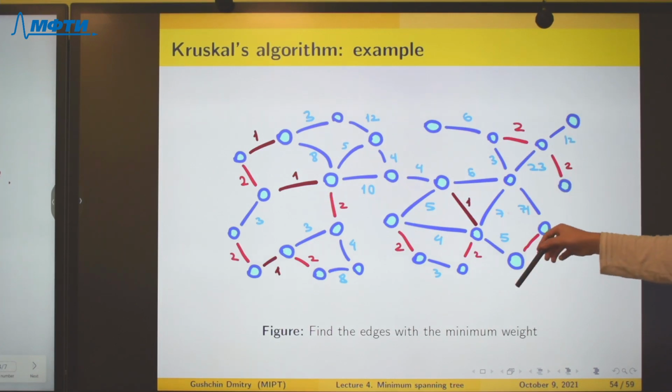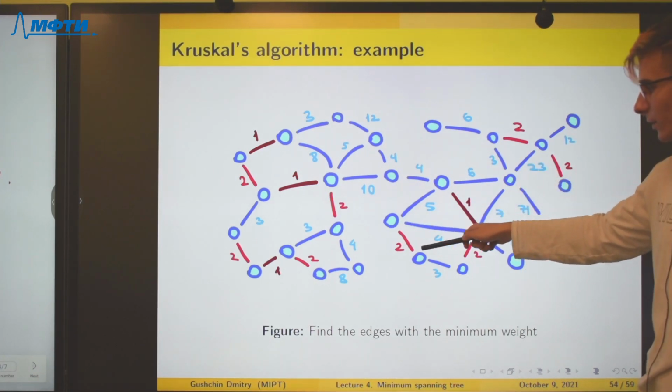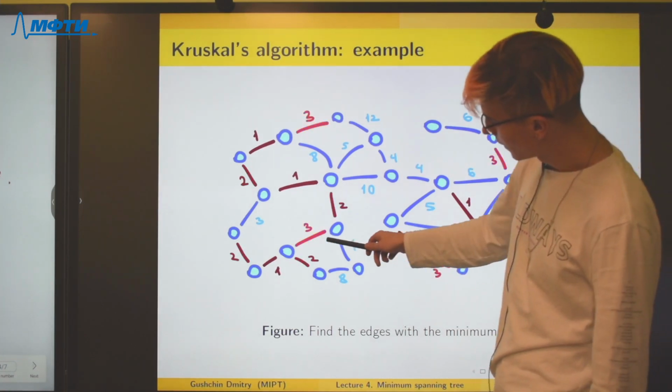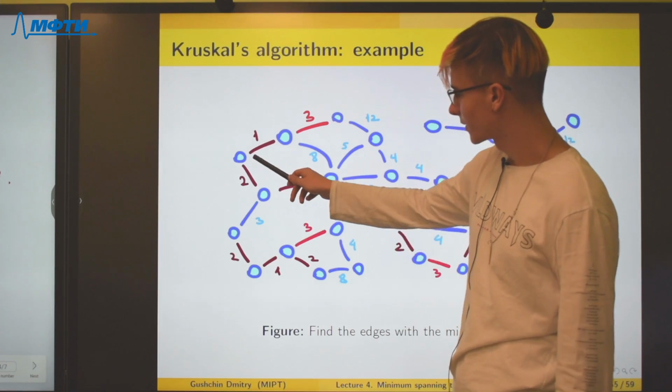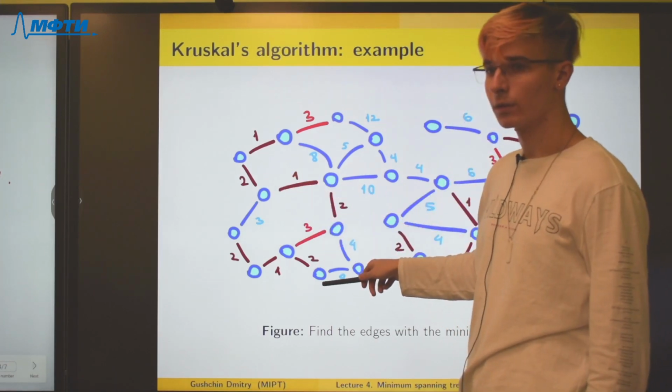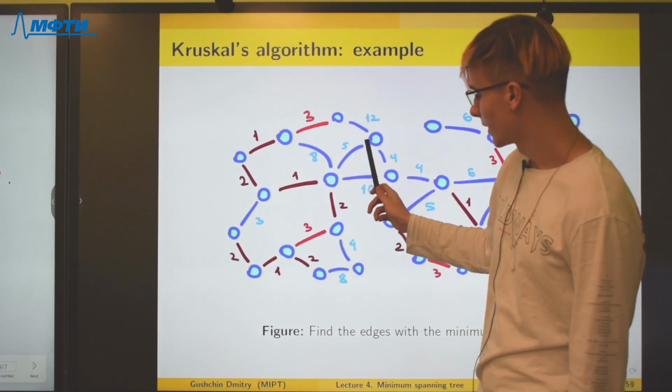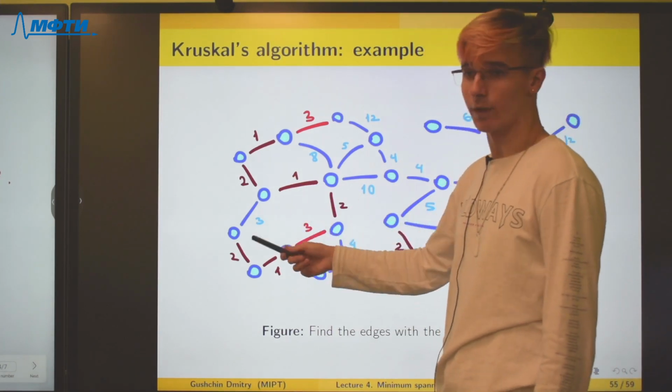And then we repeat for the next weights, for weights 2. And for example, for weights 3, you can see that there are 2 edges that connect 2 components with weight equal to 3. And we choose one of them.